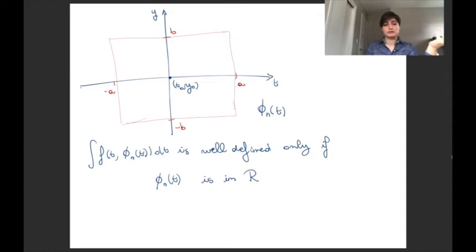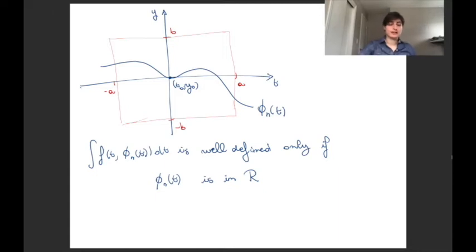of f(t,y) dt is well defined. But if we replace y by phi n(t), this integral is well defined only if phi n(t) is in the rectangle we just defined. So if you want to look at it, you can imagine that if phi(t) wiggles within the rectangle, then we're good.